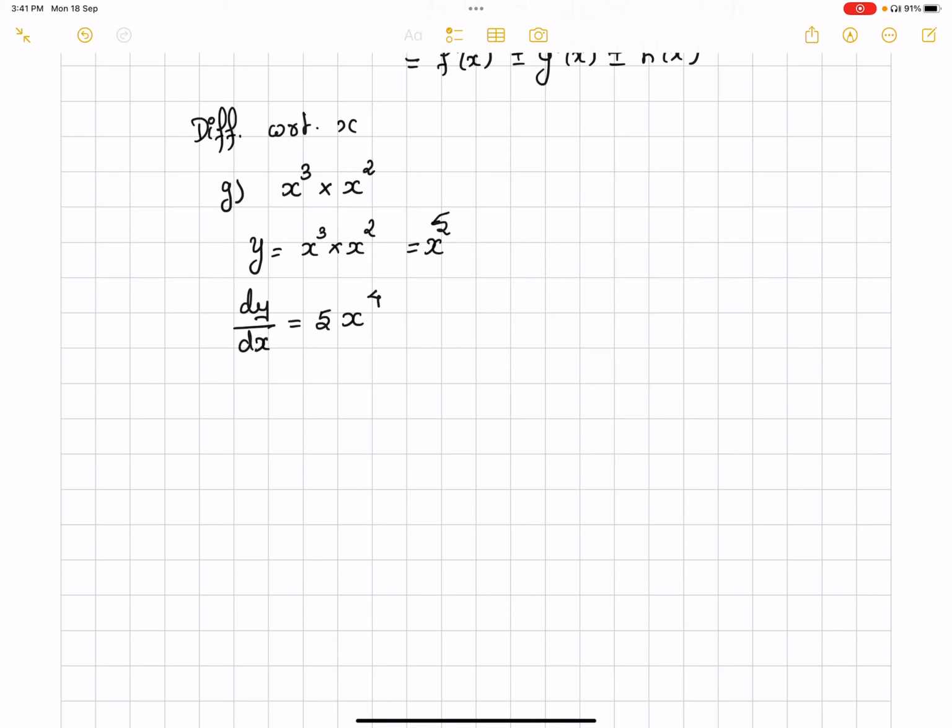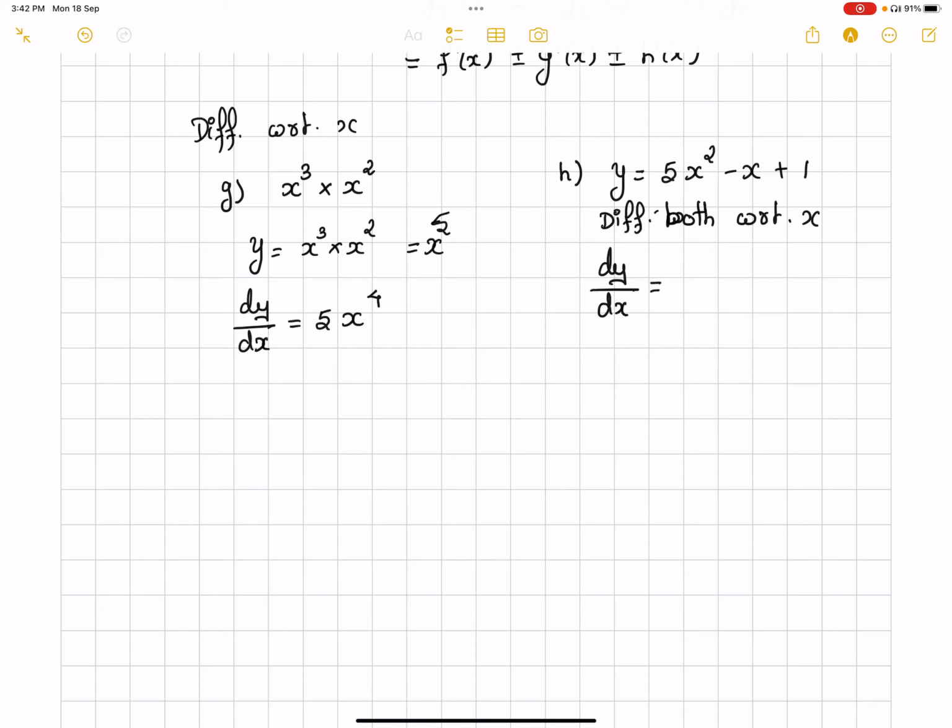So let's go with a different one. Now have a look at this particular problem. We have y is equal to 5x square minus x plus 1, something like this. In this case, when I differentiate both the sides with respect to x, I would be having dy by dx towards my LHS.